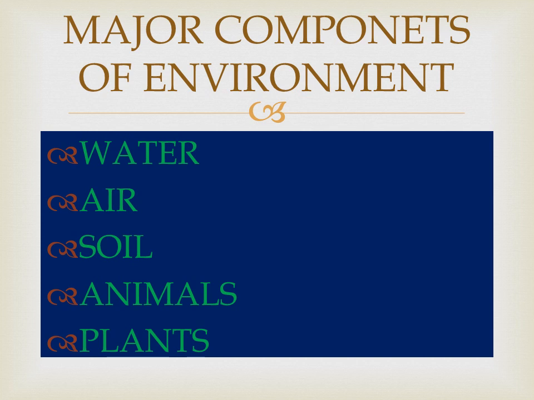Purification of air. During photosynthesis, plants use up carbon dioxide from the air and they give out oxygen as a waste product. This oxygen is used by animals.